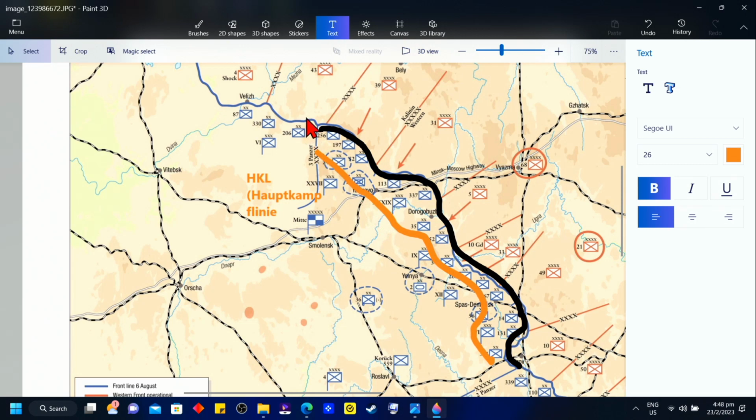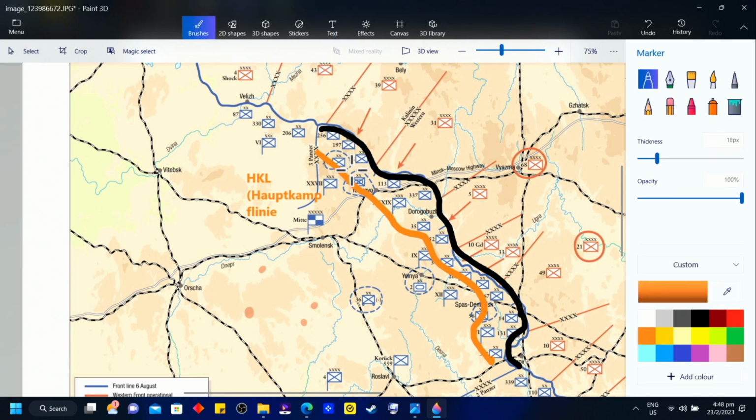Okay, so what is the distance? Okay, change color. So the distance, no, I need to reduce thickness. So the distance between the HKL and the front line. I think it's better to put it this way.